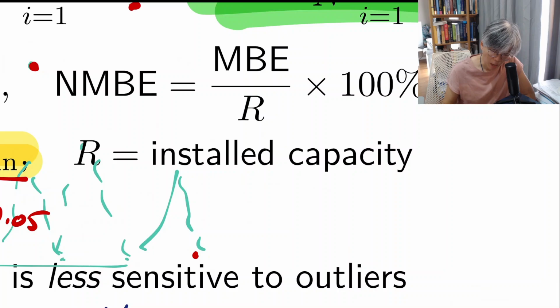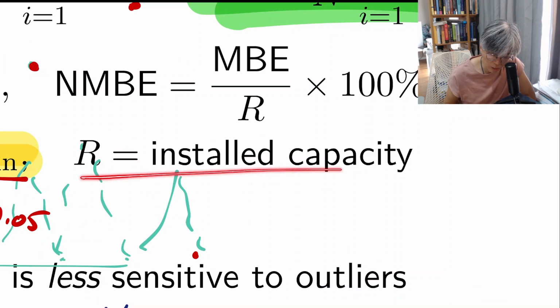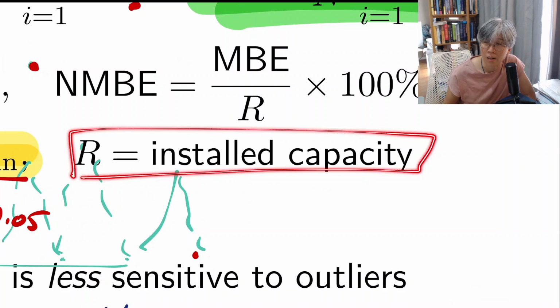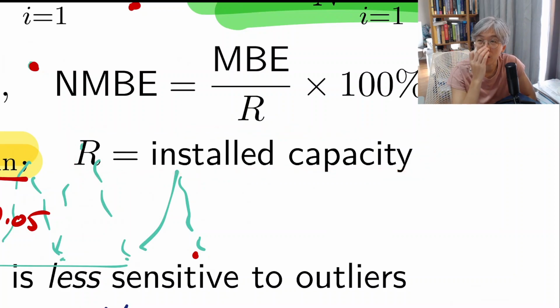For solar power, sometimes people use the installed capacity as R. This one is common as well, but it has some practical issues as well.